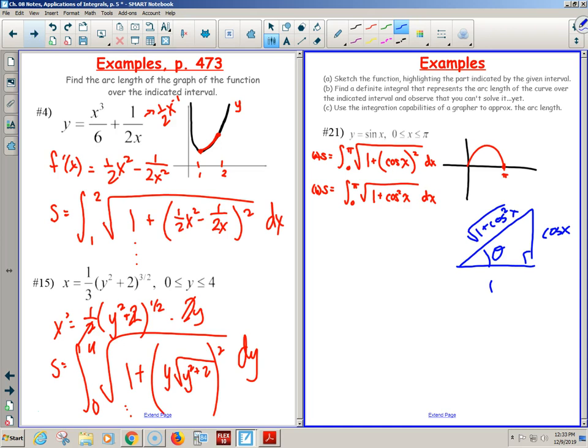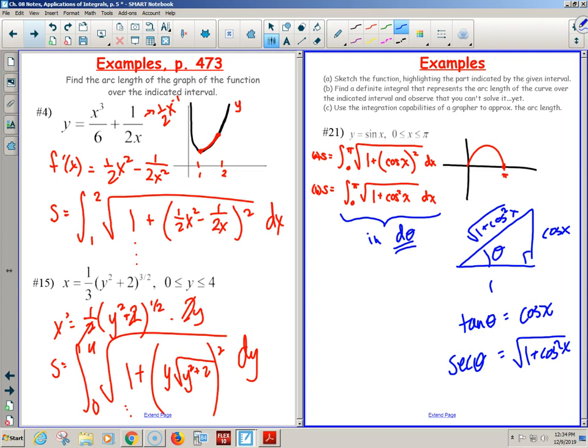And I could do something crazy like, tangent of theta is equal to cosine of x over 1. And I could change all of this to be in terms of theta. What would this guy be? Wouldn't he be hypotenuse over adjacent? So I could make this, which is the piece that I really hate up here, hypotenuse over adjacent, which would be a secant.